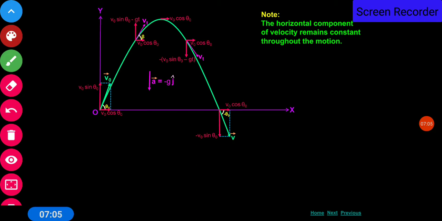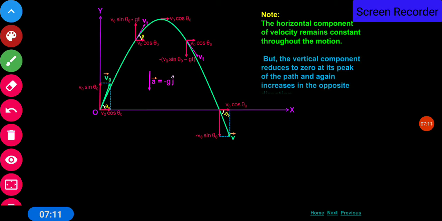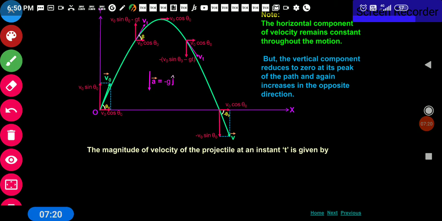Note, the horizontal component of velocity remains constant throughout the motion, but the vertical component reduces to 0 at the peak of the path and again increases in the opposite direction.